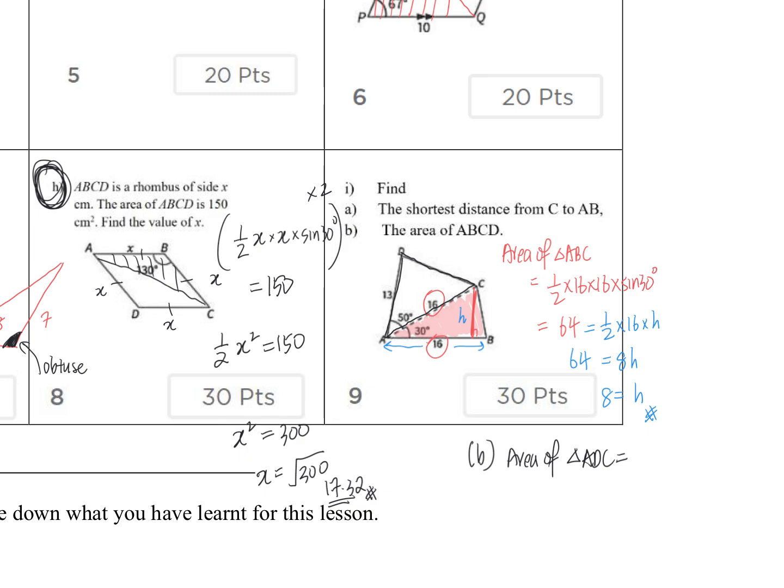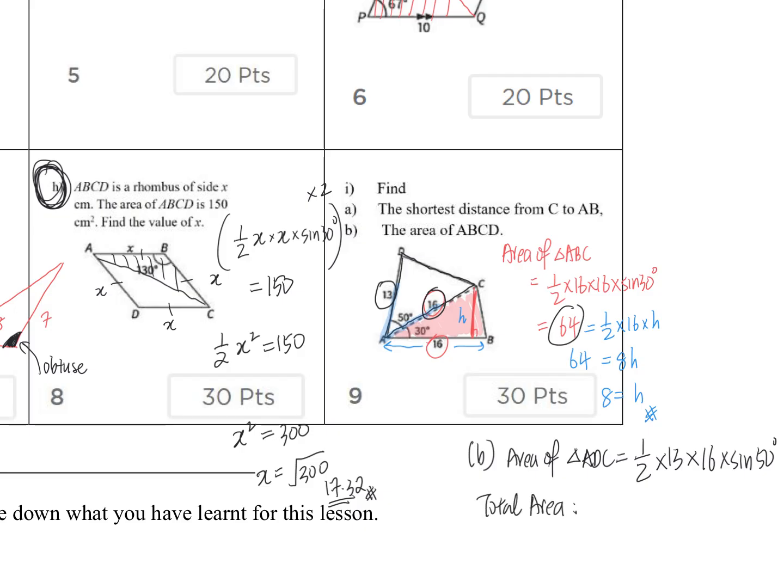Remember the vertex? Can you see the vertex here? So half times 13 times 16 times sine what? 50. To find the total area, you need to add everything together.